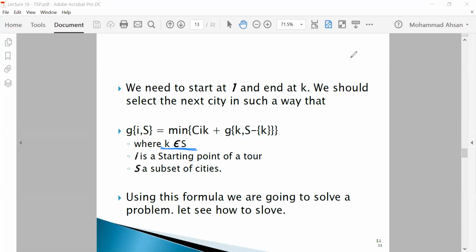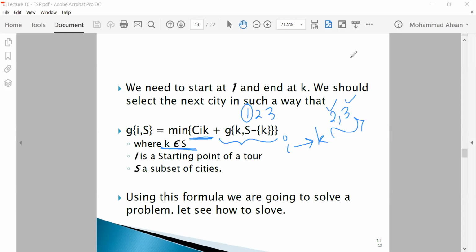If you selected k, you have to add the cost of going from I to k, and you are left with the same problem, the subproblem, where you start now. So you selected I to k. Now from k you have to go to, let's say the vertices 1, 2 and 3 here for example. So k is 1, so 1 is already gone, but from k you have to see whether you should go from 2 to 3, which path you should take.